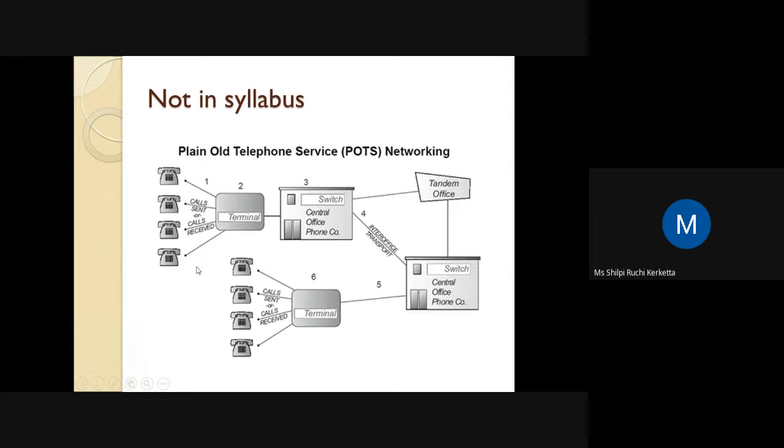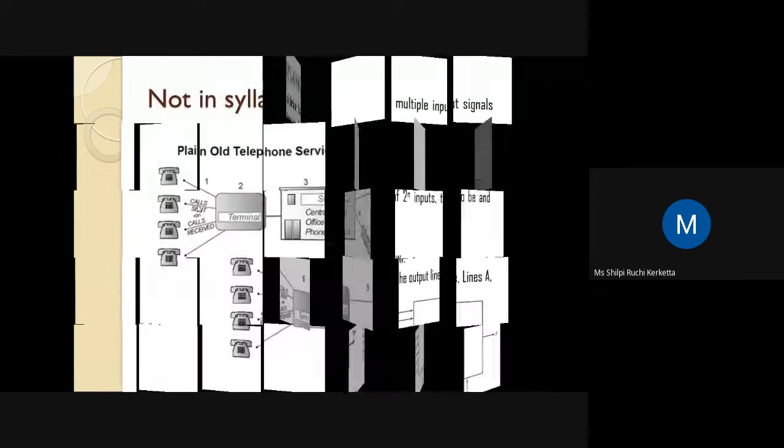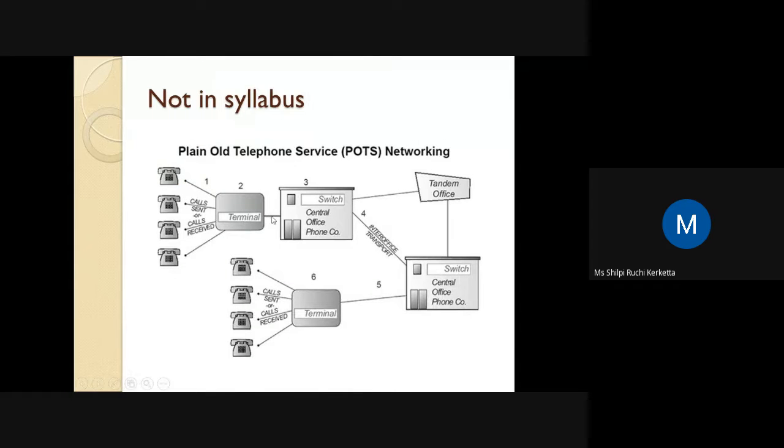So here we can see many inputs are there, but only a single output. Okay, so this terminal is called a multiplexer in our digital system. It has many inputs and a single output.